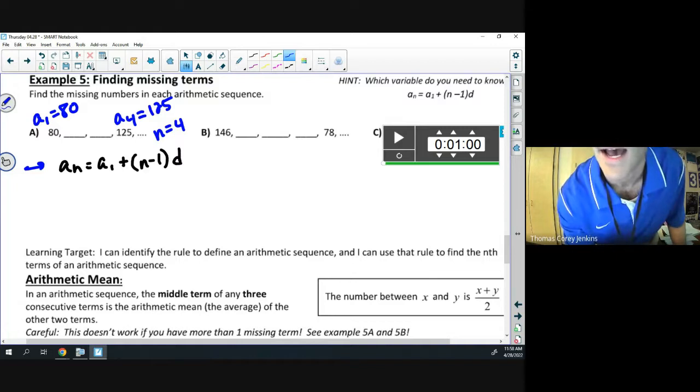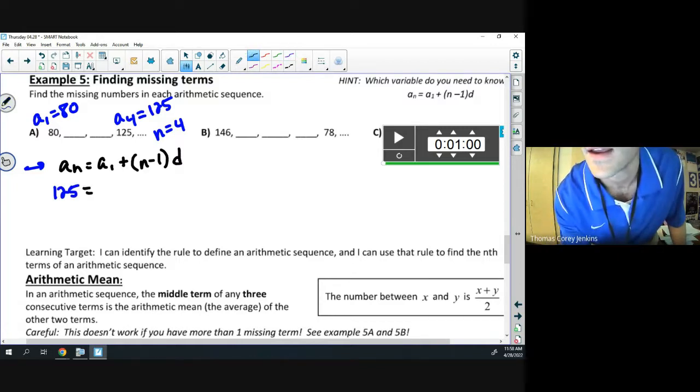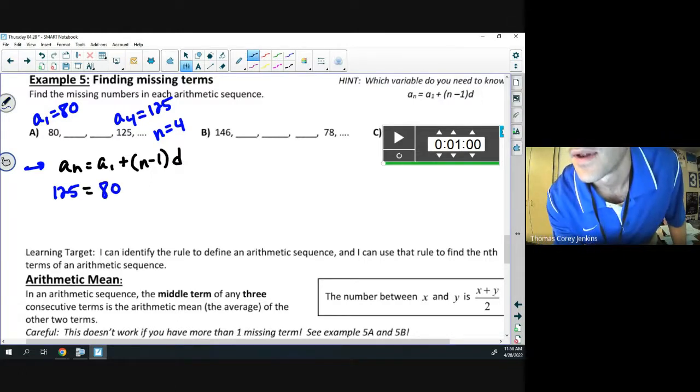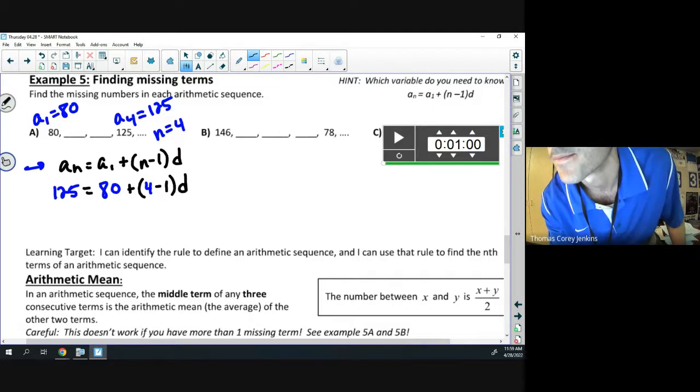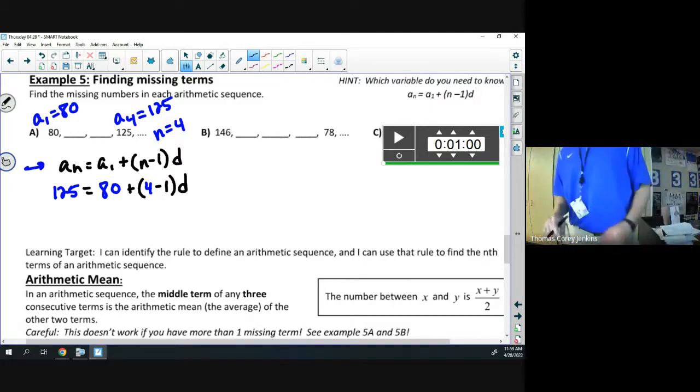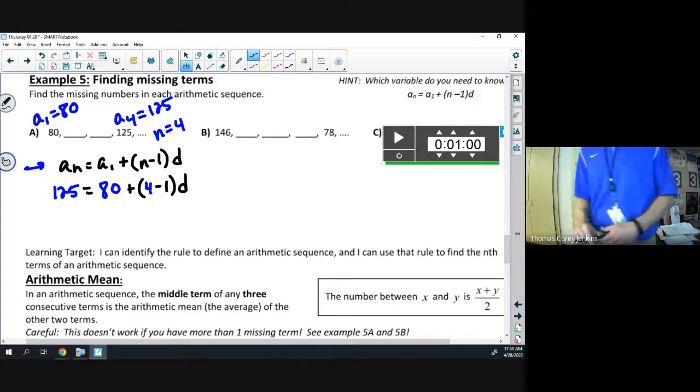So we would have 125 equals 80 plus, we know n is 4. And when we sub those three things in, look how many variables we're left with. 1, right? We have a variable. If we ever have a variable, we can solve for that. And that'll be my missing piece, okay?